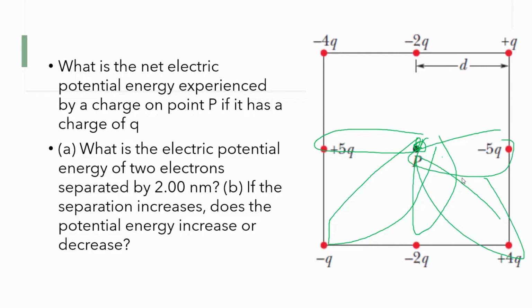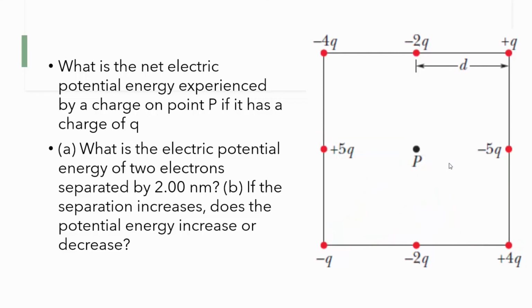Medyo mahaba pero ganun talaga. Pero, kung papansin nyo, pwede ka actually mag-cancel out dito. 5, -2, -2. So, aralin nyo na lang kung paano yan. Same to, magka-cancel out. Yun lang. I think, kaya, di yan lalabas.